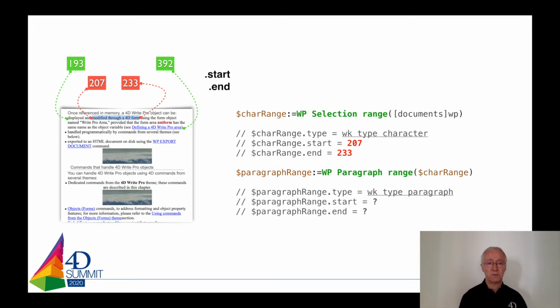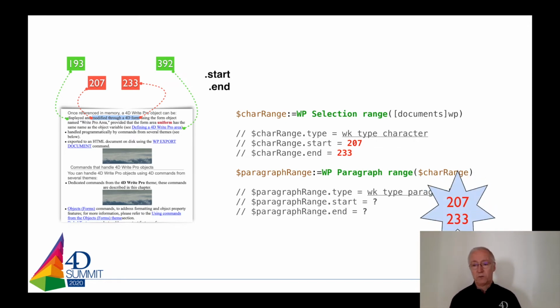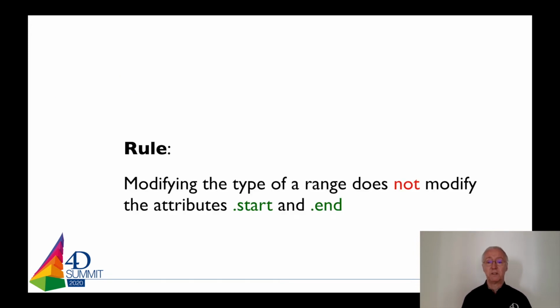Where does the paragraph begin and where does the paragraph end? Well, you will not get the answer using the change of type of range. So the rule is: modifying the type of the range does not modify the attributes, the start and the end. Do not fear any bug. It's normal, it's standard behavior.